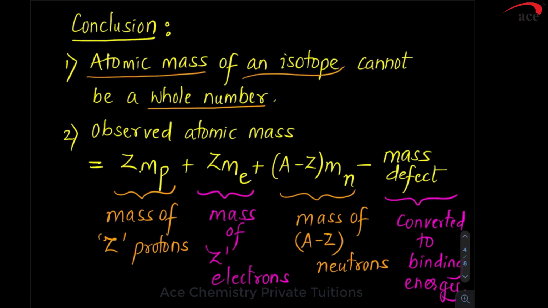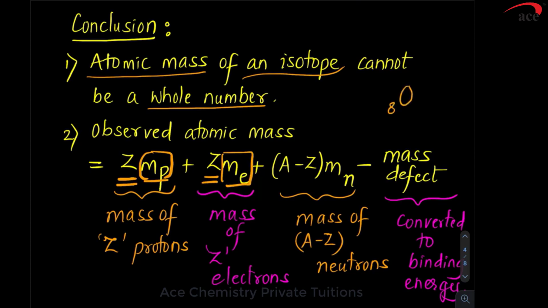Atomic mass of any isotope cannot be a whole number, because the mass of proton and neutron are decimal numbers. And if you ever want to calculate atomic mass, take into account all protons. What is Mp? Mass of one proton multiplied by total number of protons. Me is mass of electron multiplied by total number of electrons.